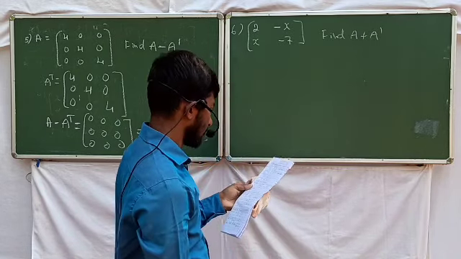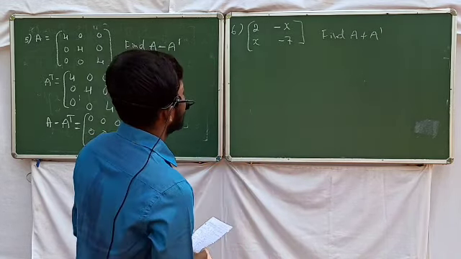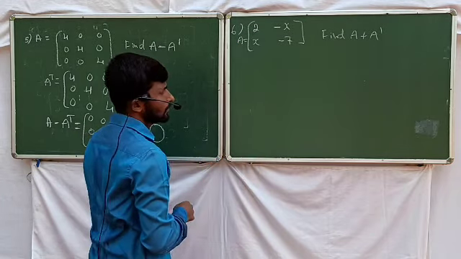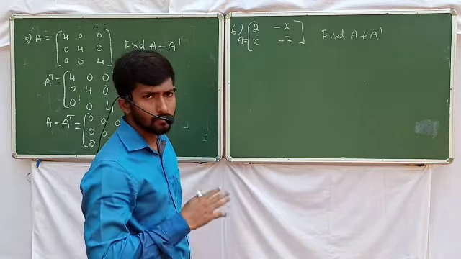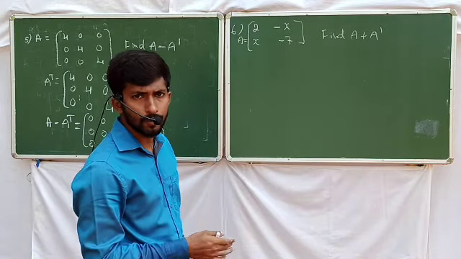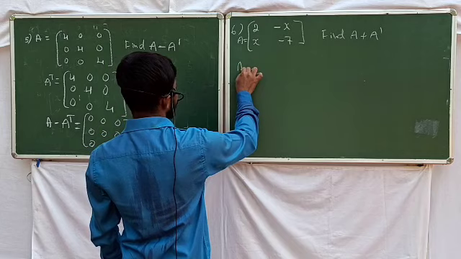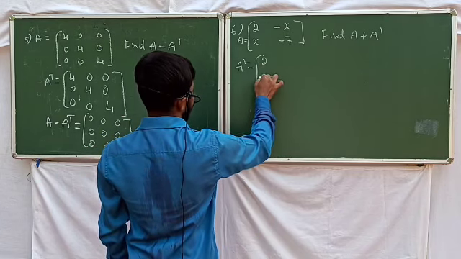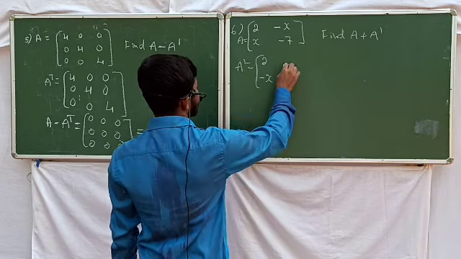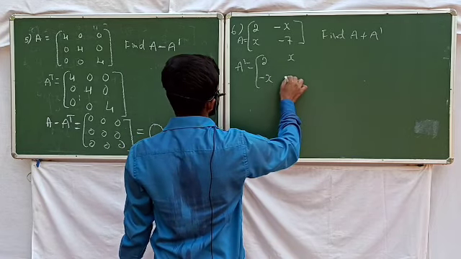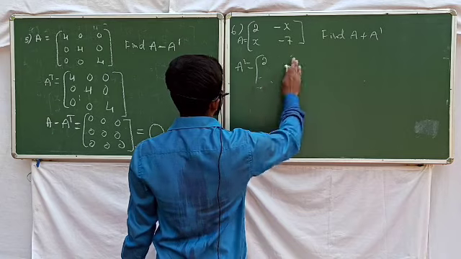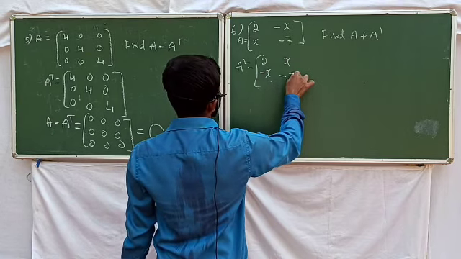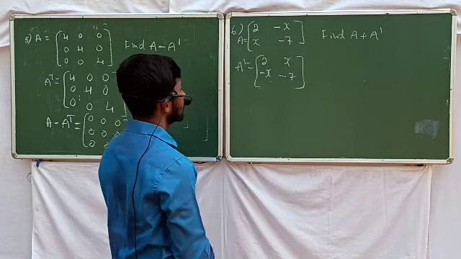Similar to the previous question, A value is given. To solve this problem, first you need to find A transpose value. A transpose is equal to 2 minus x, x minus 7 written as the transpose of the given matrix.